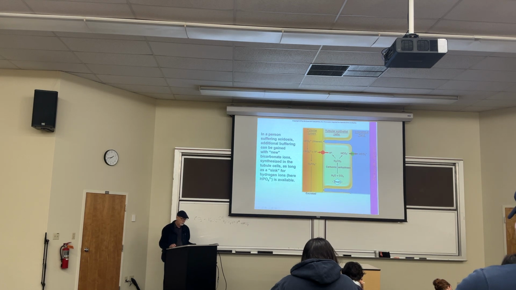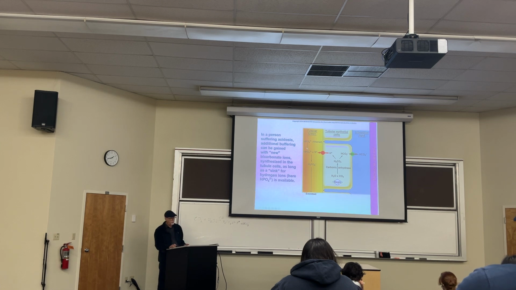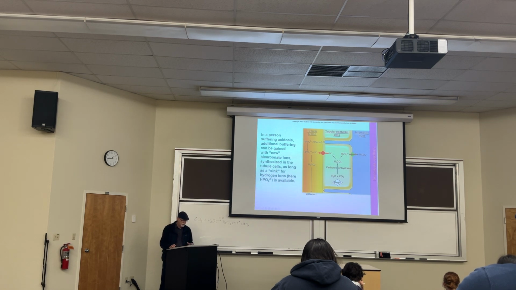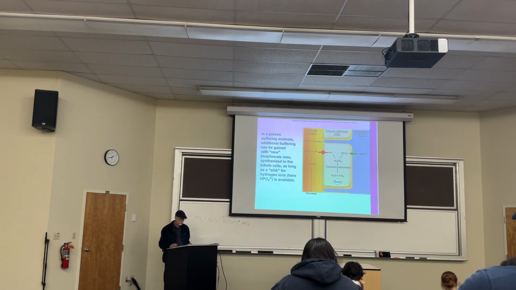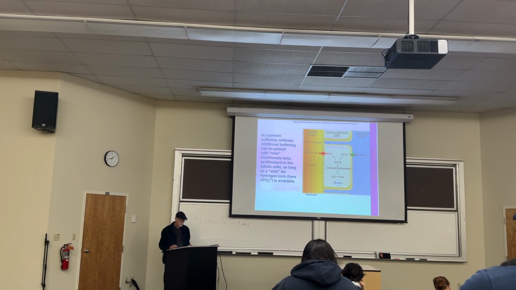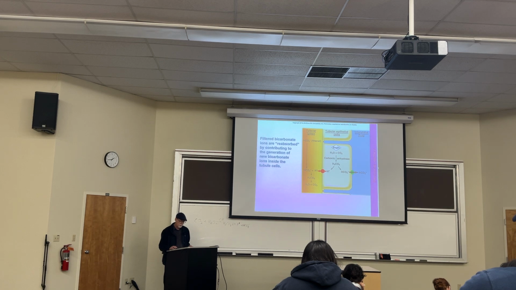Here's another way hydrogen ion can be secreted with hydrogen phosphate, to make H2PO4, and we're again secreting and excreting hydrogen, and we're reabsorbing bicarbonate. This, of course, would be done if our pH is too low, these first two, if we need to reabsorb more bicarbonate and secrete more hydrogen ion.